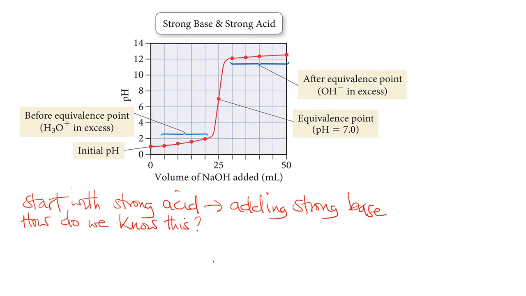We know for two reasons. The first reason is that if you start with the acid, you are going to start with a low pH. You can see that this axis is pH, this one is the volume. Starting with low pH means you have an acid in your solution.